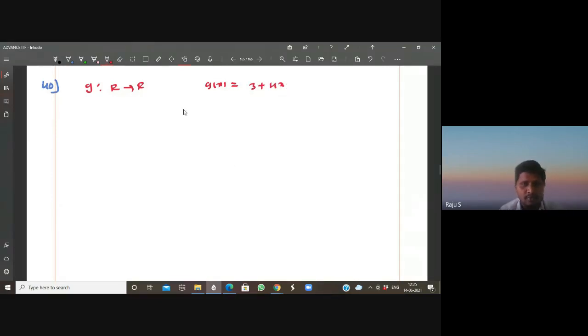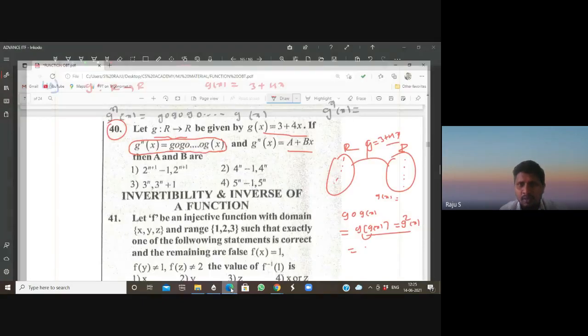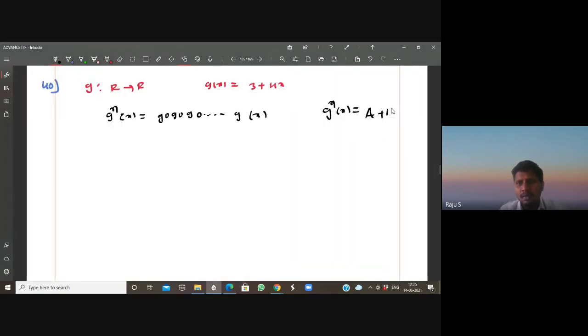Fine. What is the g power n they gave? G circle g circle g and so on, of x. And also g power n of x is equal to, we can consider, capital A plus bx.